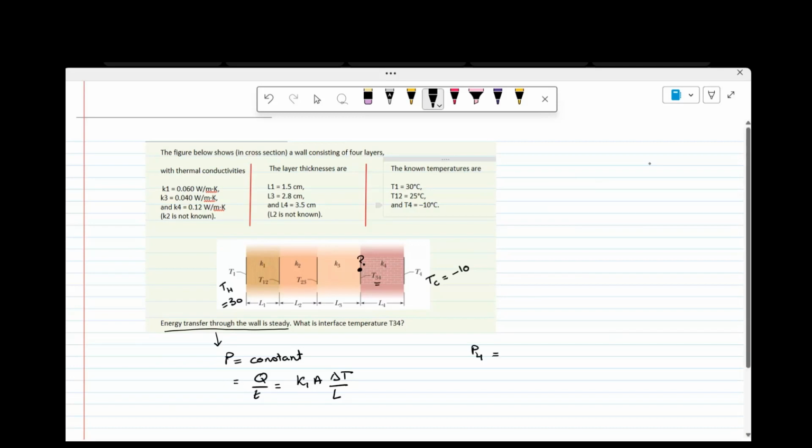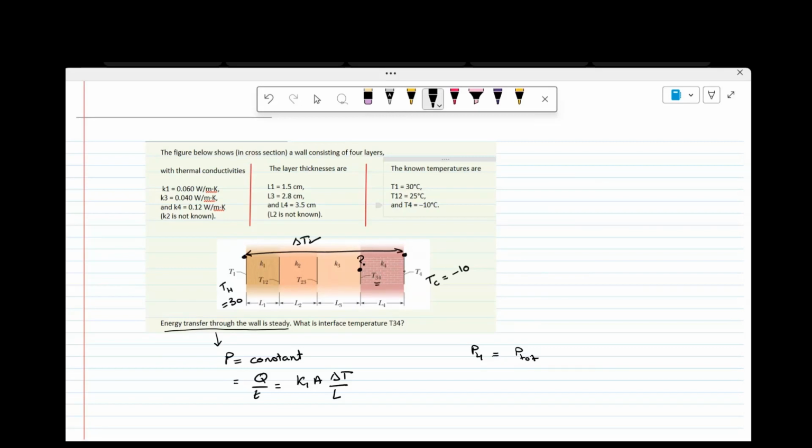We know that what we want is T34, so I think it's convenient to study P4 and set this to be equal to some known heat rate that we are studying. Like I told you before, we can take the whole thing, P total, and set these to be equal and solve. However, one issue in this situation is that if we want to study P total, all the way between these two ends, delta T is known because I know T cold and T hot.